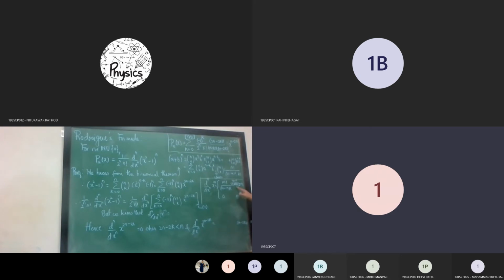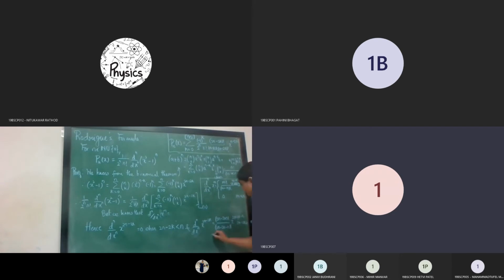तो ये केस में जब आपका n greater than or equal to n हो जाएगा तो उस केस में it will be m factorial, that is 2n minus 2k factorial, denominator m minus n, that is 2n minus 2k minus n factorial, x raised to m minus n. So m is here 2n minus 2k minus n.